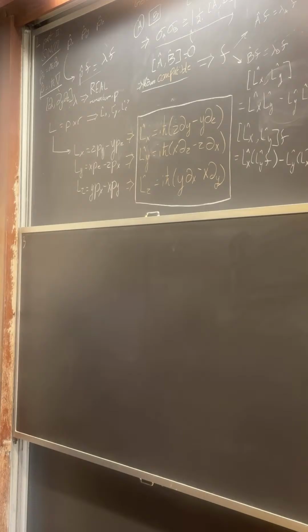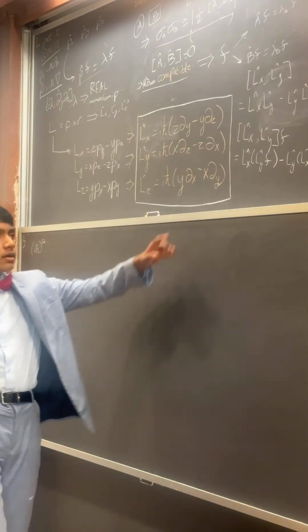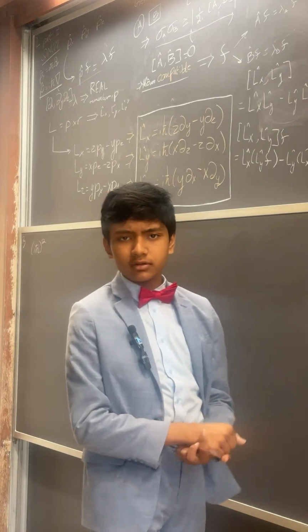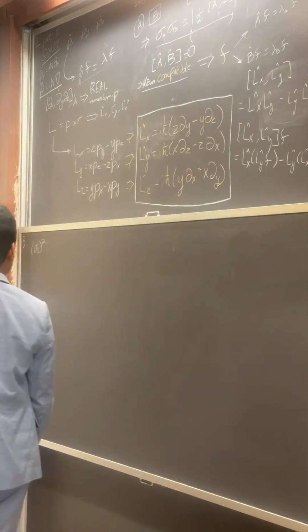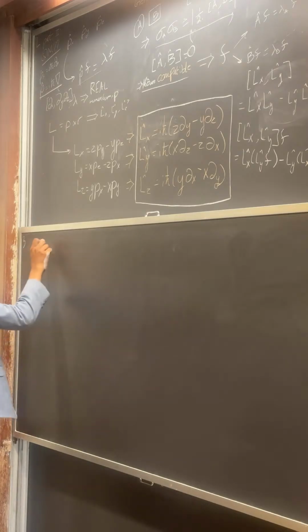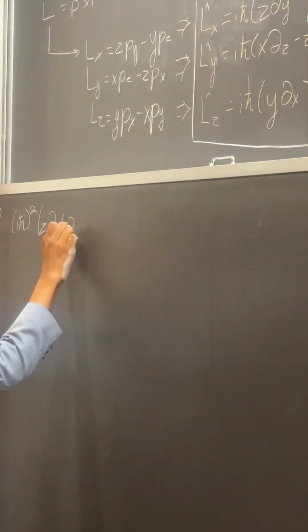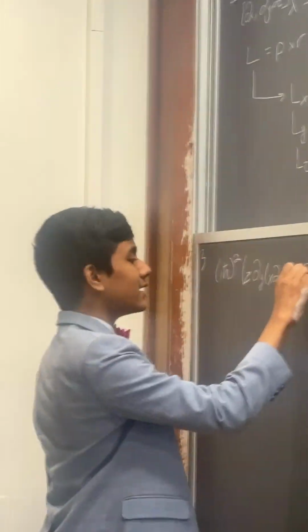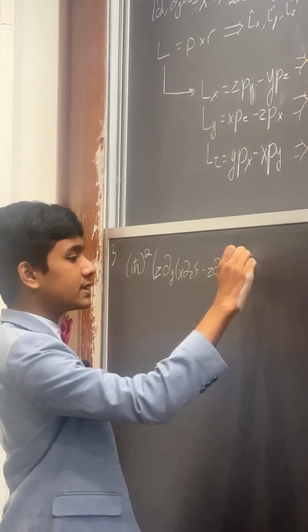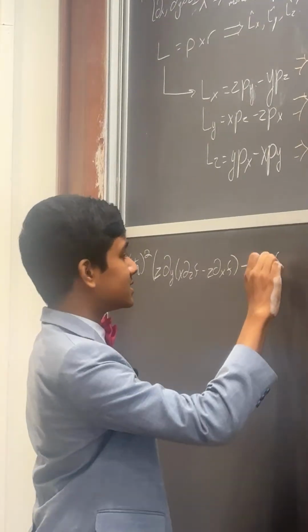We already know that Lx and Ly come with that scalar multiplier of i h-bar. So since it's being applied twice here and here, we're free to factor out that i h-bar squared. What's left is a monstrosity. We get z partial y of x partial z f minus z partial x f, minus y partial z of the same exact thing.